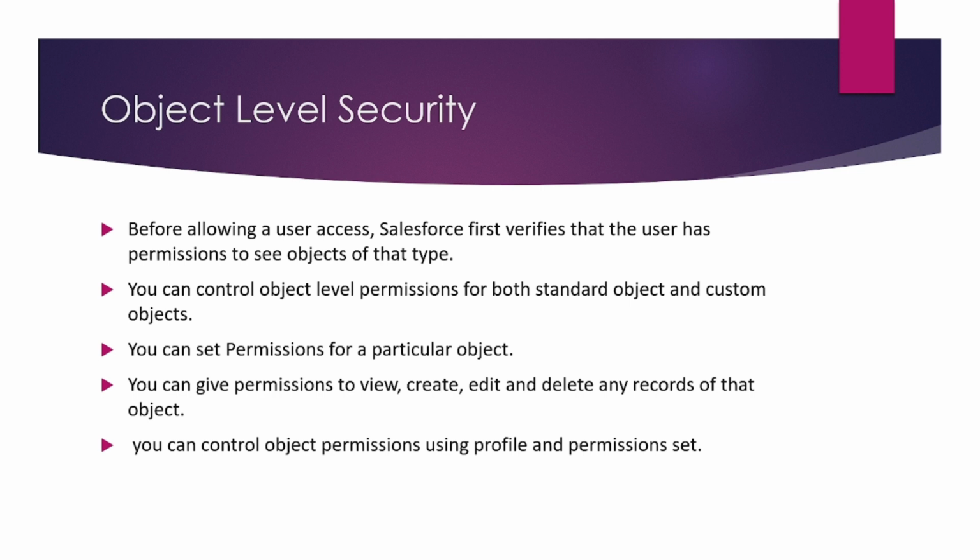We can give permissions to view, create, edit and delete any records of that object. We do all these permissions using profile and permission set. I will explain profile once again and also see what a permission set is in Salesforce.